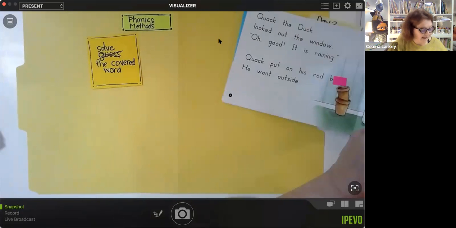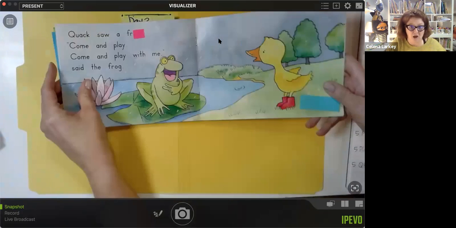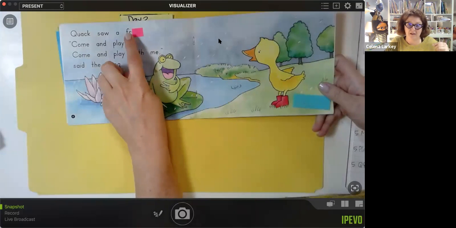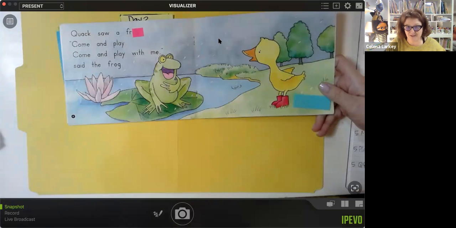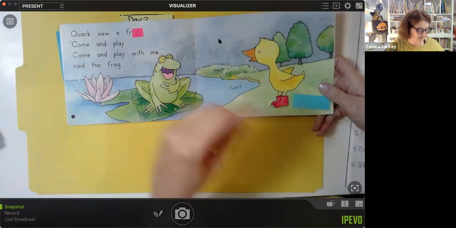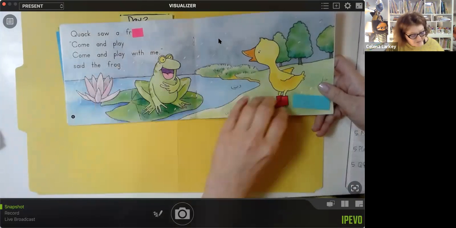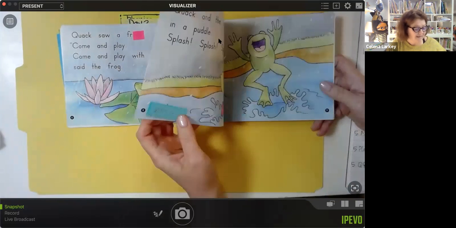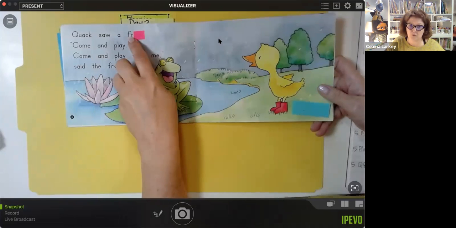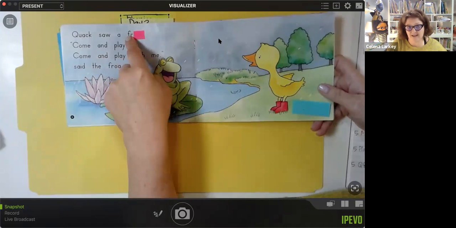In the same vein, I might do solving the covered word when my kids are moving from letter to part work. So when my kids start to study blends, or when they start to study digraphs, I might say, oh, let's solve this word, or solve the covered word, by encouraging, or actually forcing kids.